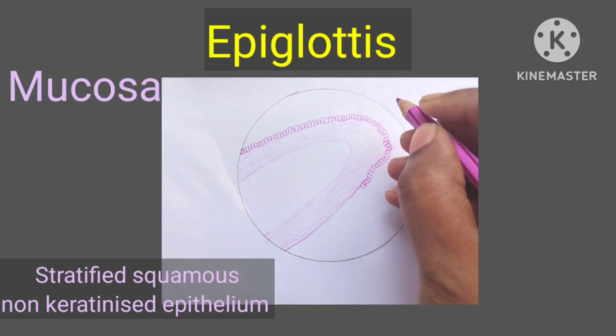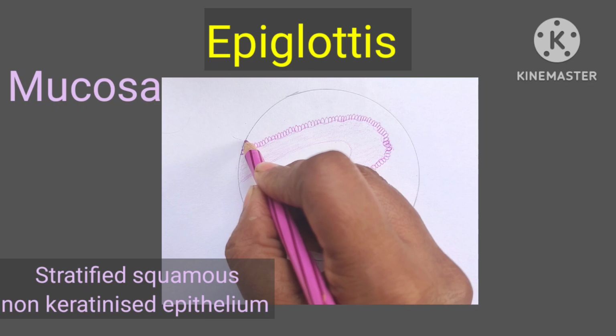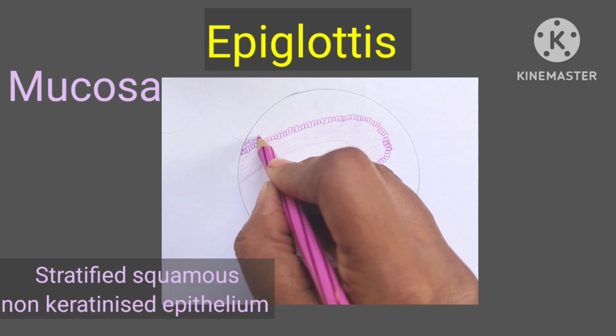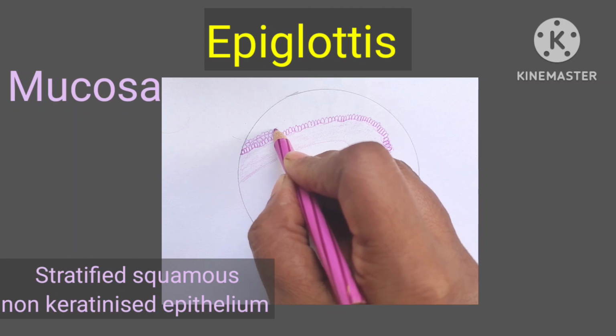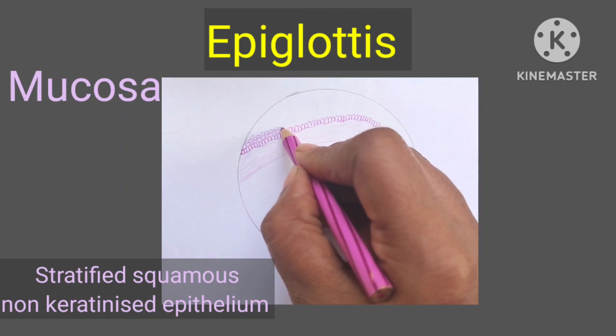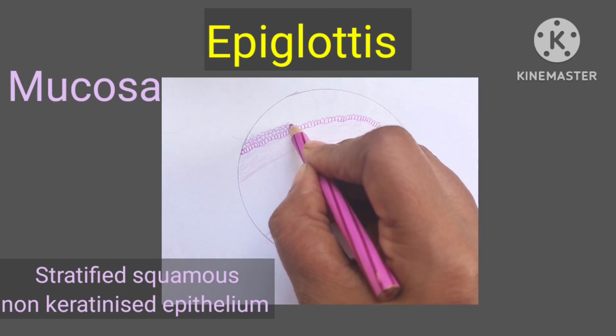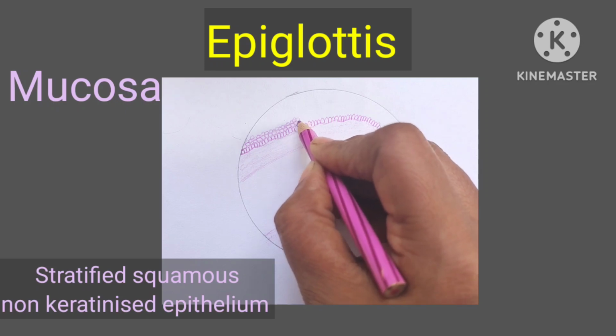The columnar cells have an oval nucleus, the polygonal cells a round nucleus, and the surface squamous cells a horizontally flat nucleus.